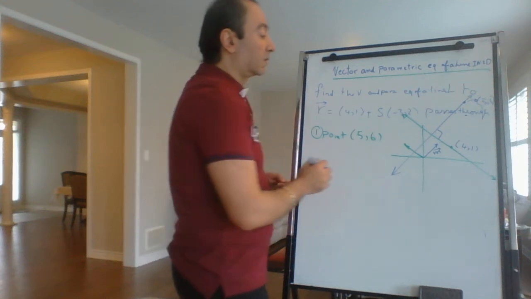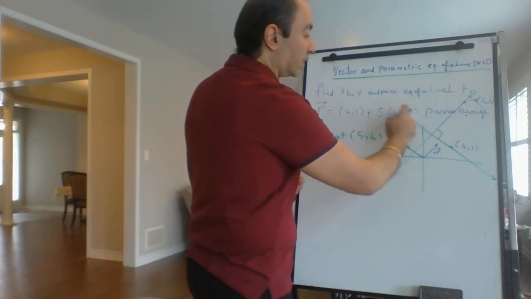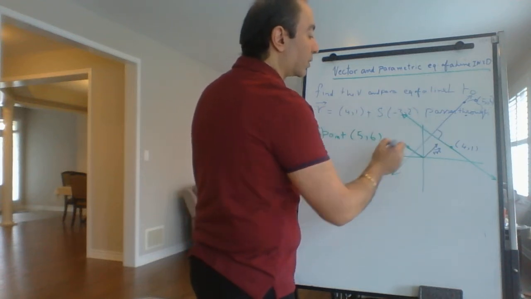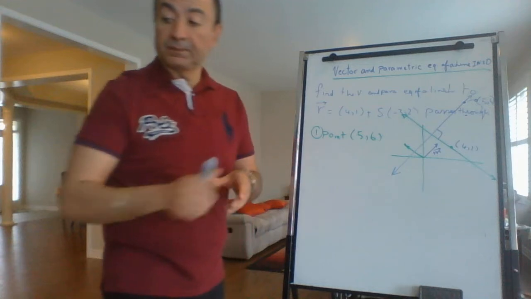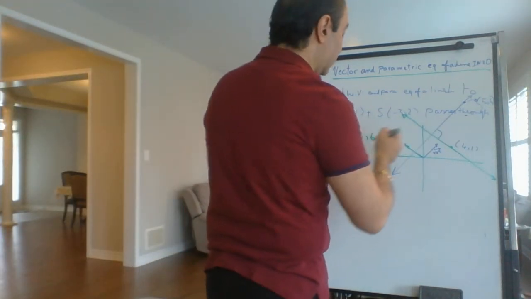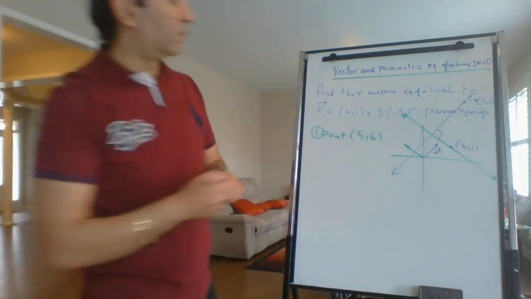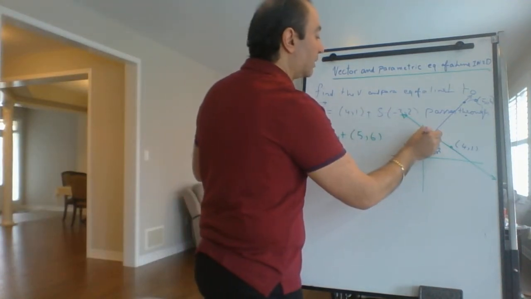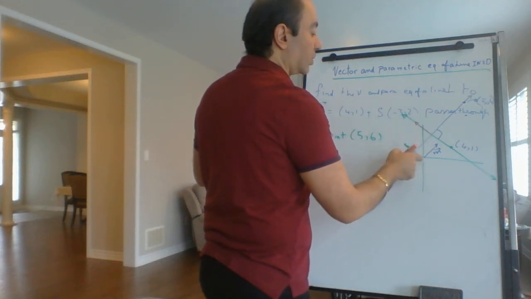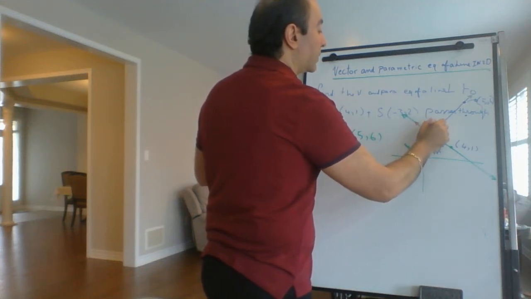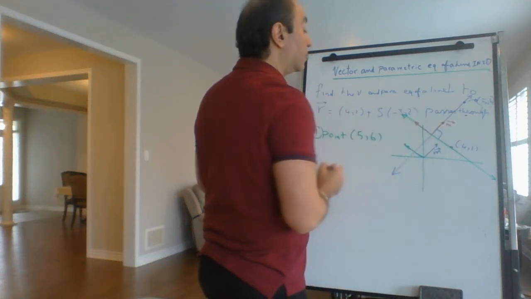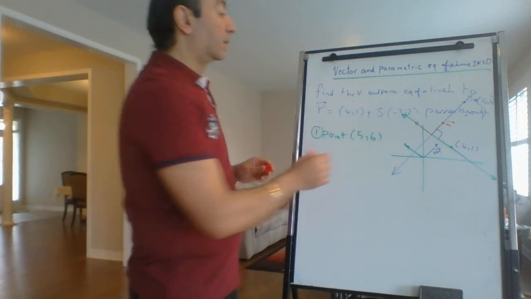We know that these two lines are perpendicular. So the direction vector of the green line, I will do that in red, the direction vector of the green line, which is n, is perpendicular or normal to the direction vector of the blue line, right?